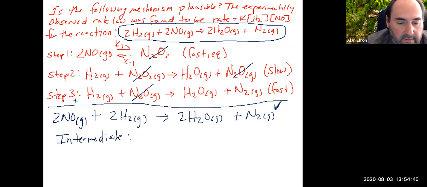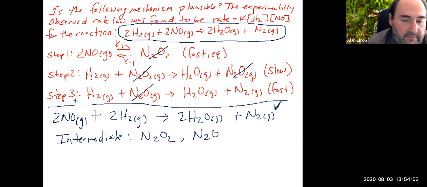We also see that N2O is also canceled out and not found in the overall reaction, which would also imply that the N2O was also an intermediate. Any questions on just that part of it here?